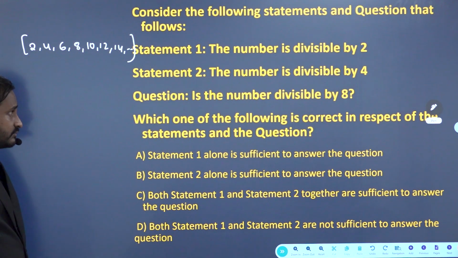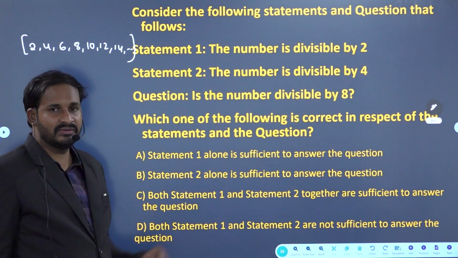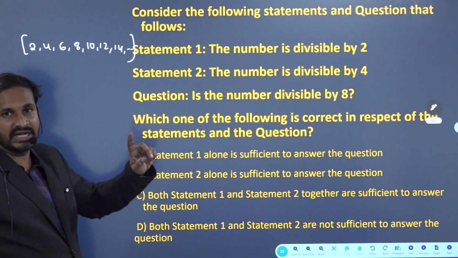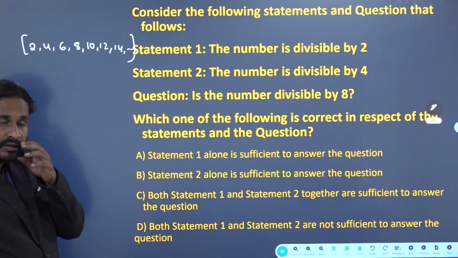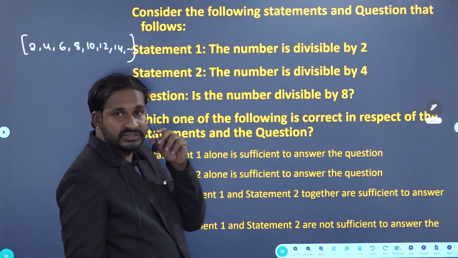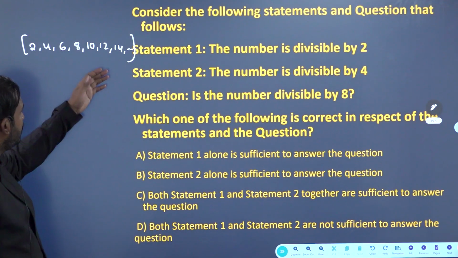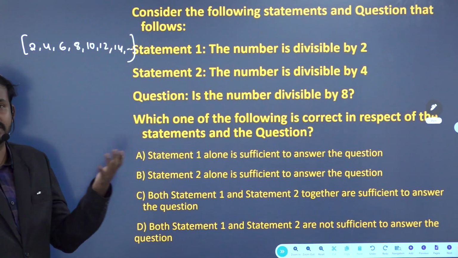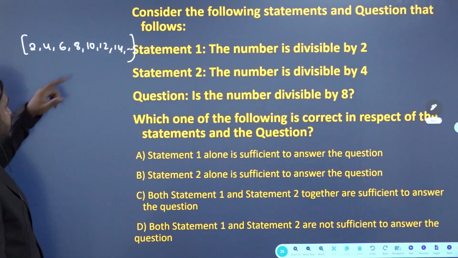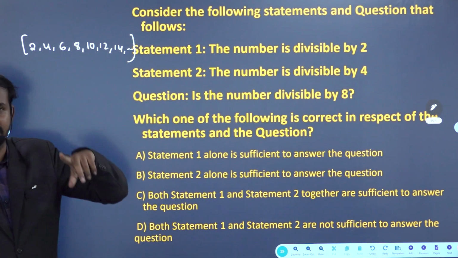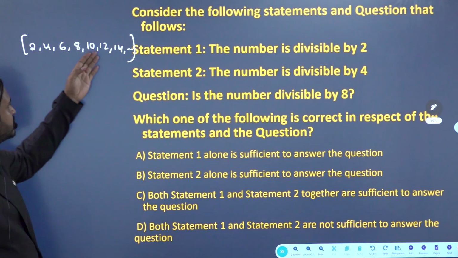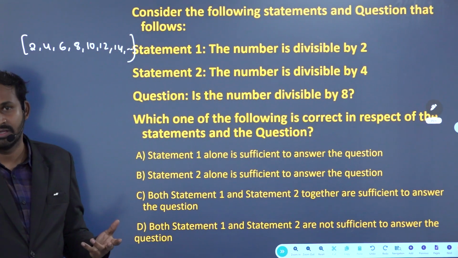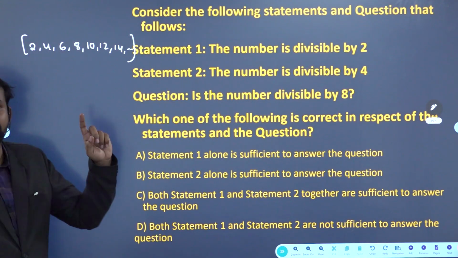By using this one, can I tell if the number is divisible by 8? There are some numbers which are divisible by 8 and some which are not. That means I cannot say exactly yes or no here. For cases like 8, 16, 24, it is yes. But for 2, 4, 6, 10, 12, it is no. So I cannot say exactly by using statement 1 alone.